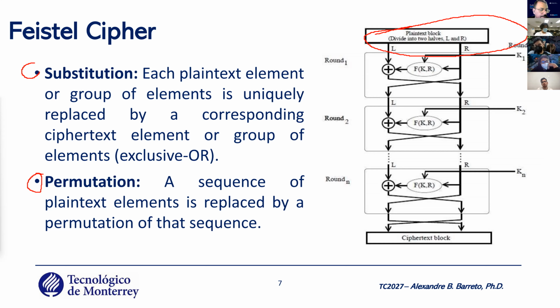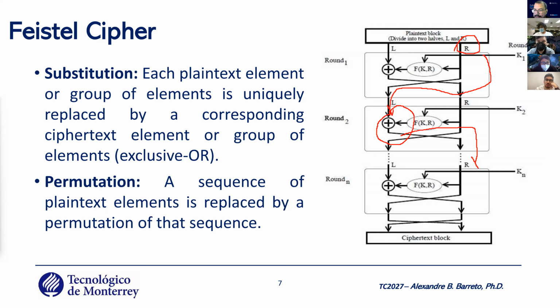Remember here, the right side you only permute with the left side. The operations only happen on the left side. And now you make one operation here, okay? After, you go to the right side.